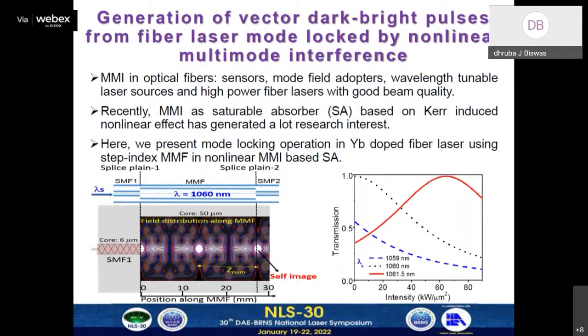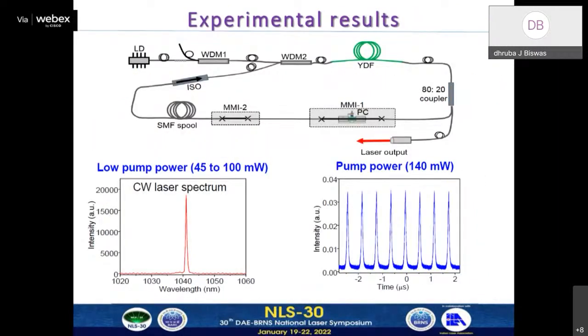If the light source is broadband, then due to mismatch of these propagation constants along the self-imaging location, the wavelengths are separated. After splicing the single mode fiber at this location, only a band of wavelengths is transmitted. So this MMI structure acts like a band pass filter. This is the case of multimode interference in the linear region.